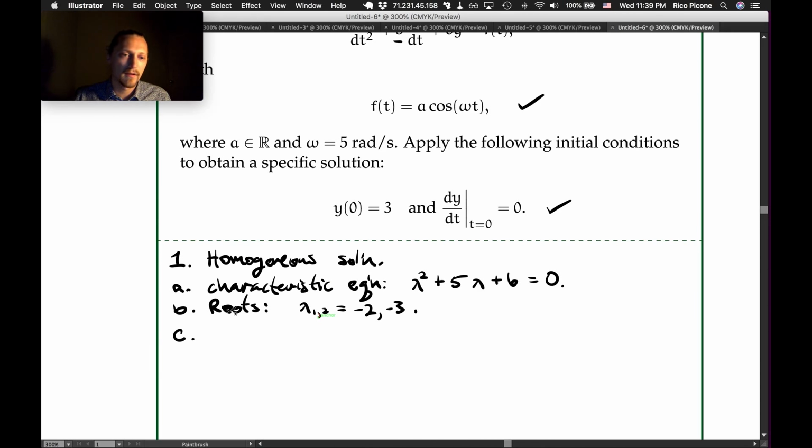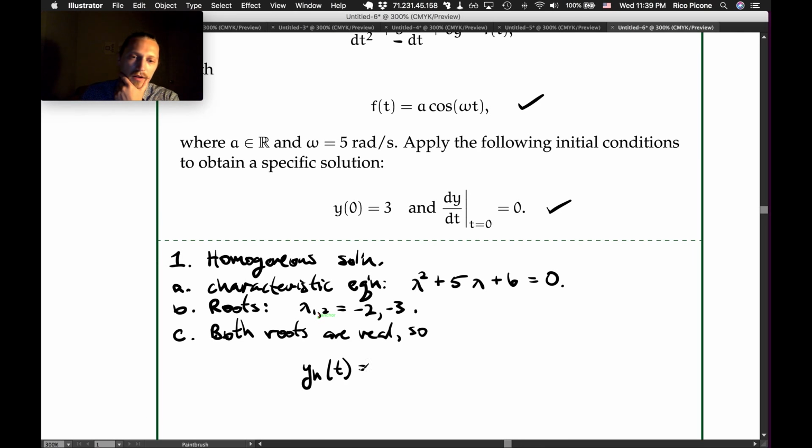Both roots are real, right? So we can use the easier form of the homogeneous solution, which just says that the homogeneous solution is the sum, and we'll write them out separately, of two terms.